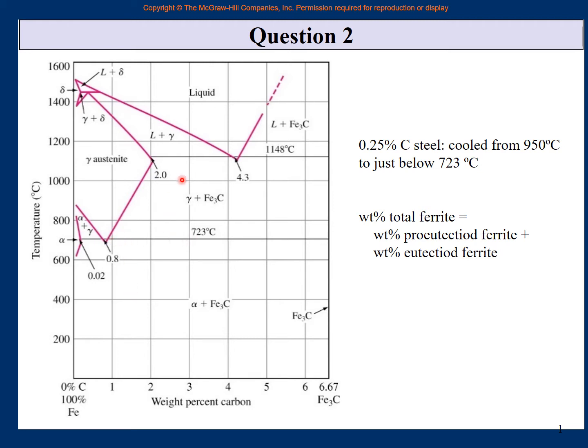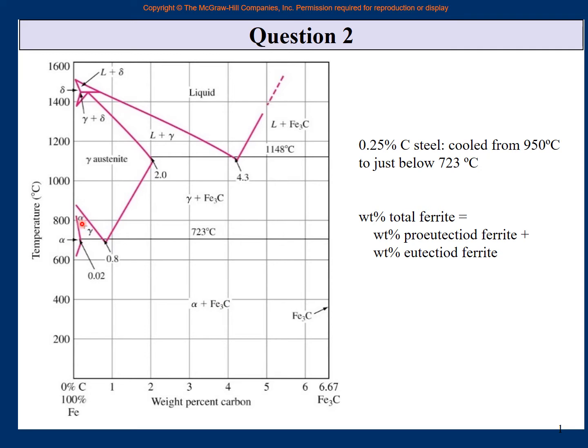Whatever alpha was formed above 723 is pro-eutectoid alpha. But once you come just above it, there is still a lot of gamma. Once you hit the 723 line, what has become alpha is already alpha. All the remaining gamma changes into these two phases, alpha plus cementite.